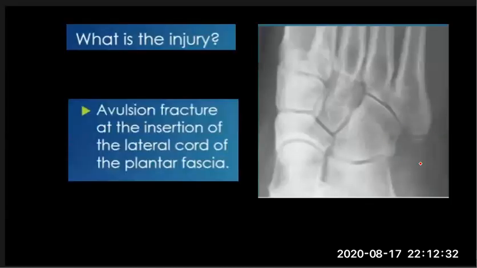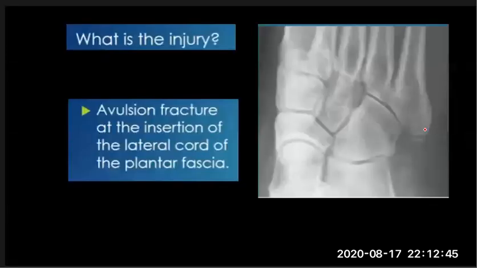The difference between peroneus brevis and the plantar fascia: the avulsion fracture in the peroneus brevis is larger than the plantar. You see here this is small, and here this is large. And this one is intra-articular, with the peroneus brevis.